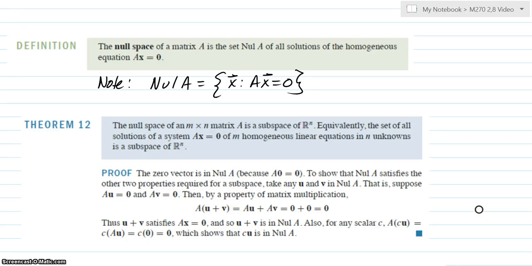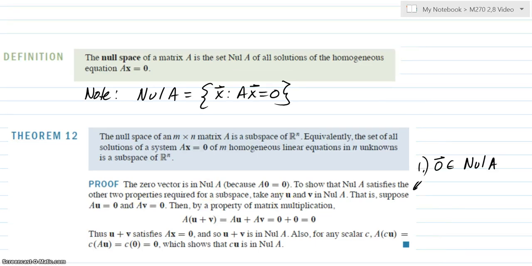So to prove that it is a subspace, here's the proof the book gives. We need to show the three properties. 1, 0 is in there. And we know 0 is in there because if you take A times 0, right here, it shows it is equal to 0. So that is in Nul A.